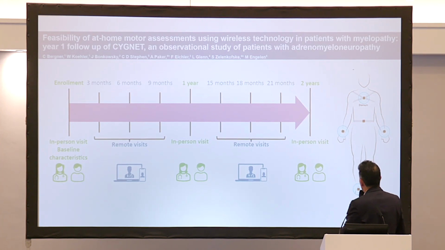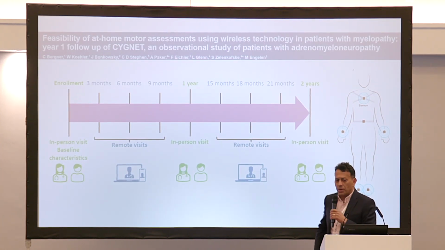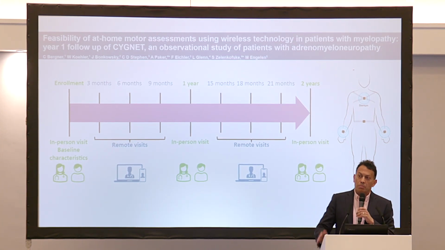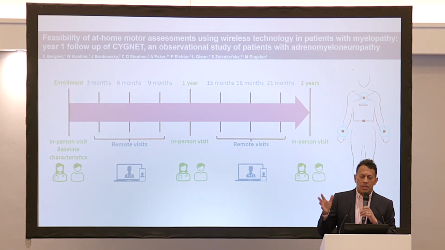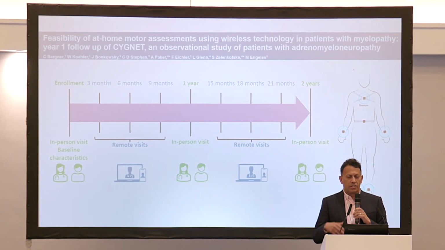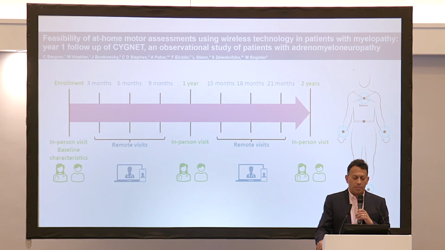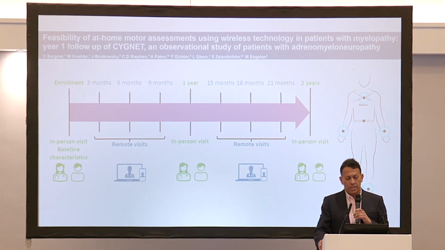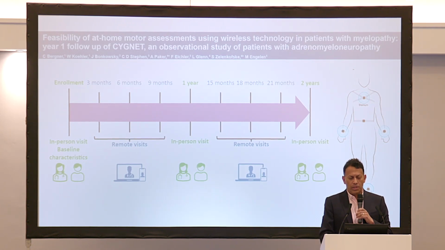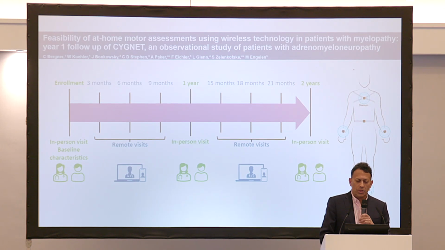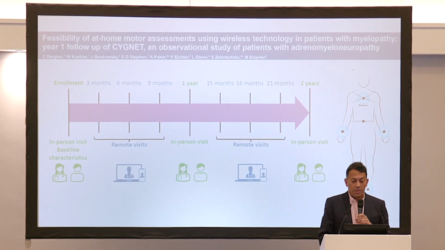In this case, there are sensors around the lumbar area as well as on the feet that allow us to measure timed tasks and show that these functional tasks, like time from sit to stand or 2-minute walk tests, can be measured remotely, thereby allowing us to assess over a 1-2 year period what is happening in AMN.